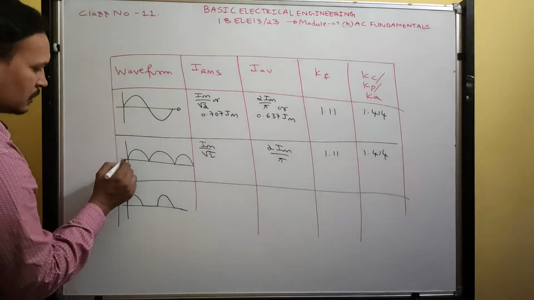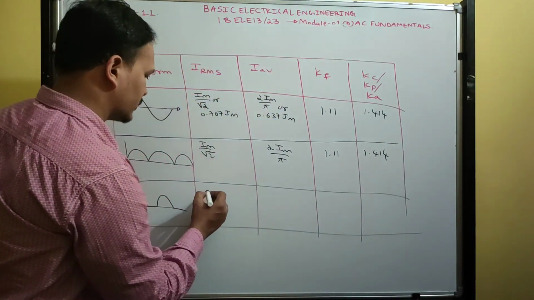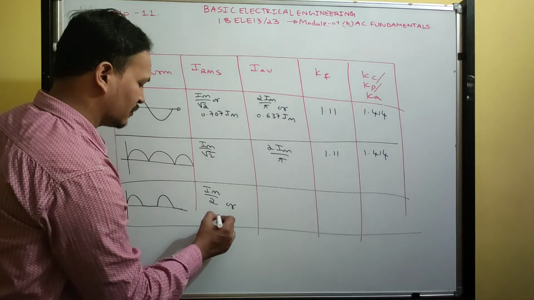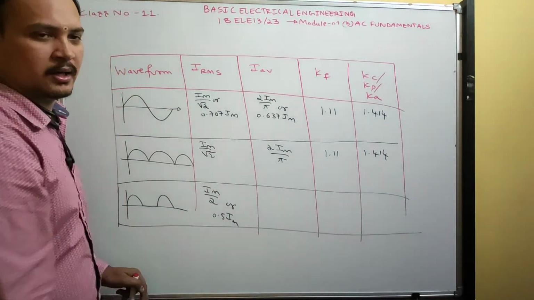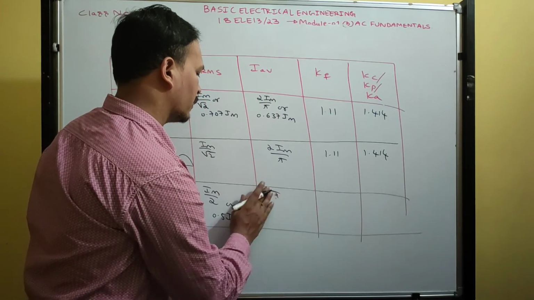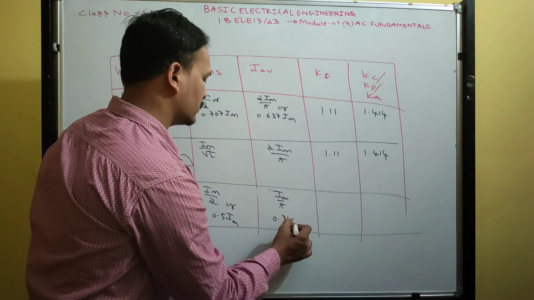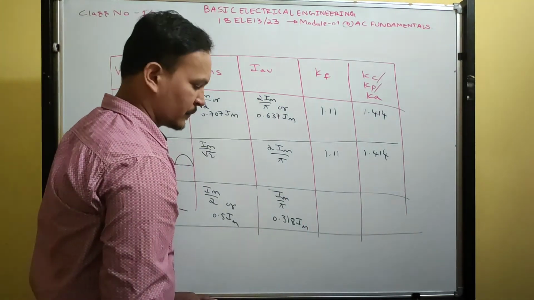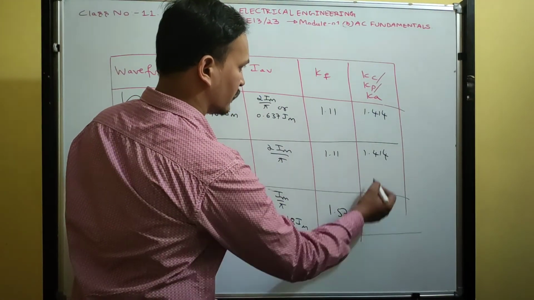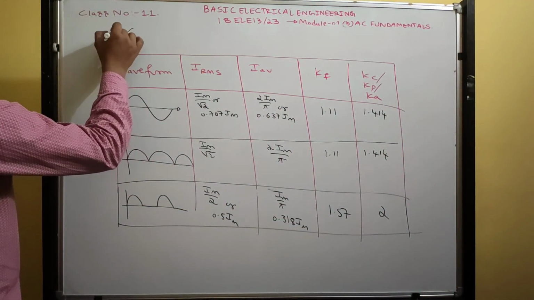What is the RMS value? Im by 2, or numerically 0.5 Im. What is the average value? Im by pi. What is that numerical value? 0.318 Im. So what is the form factor? Divide this by this: 1.57. What is the crest factor? 2.